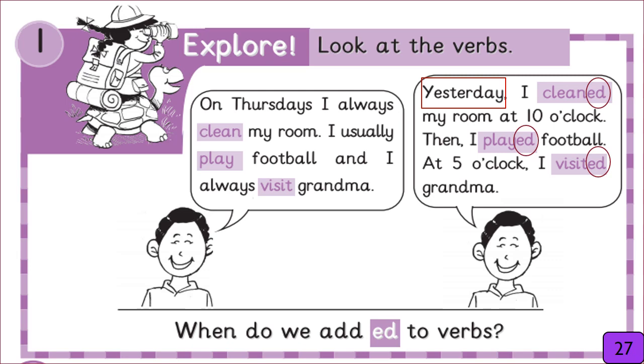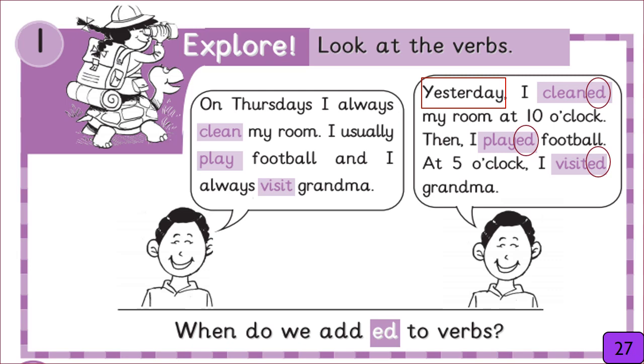I usually play football and I always visit grandma. في المضارع البسيط دايما بنحط الفعل مع I في المصدر، لكن مع he و she و it بنحط عليه s أو es أو ies. لكن on the other hand بص على الناحية التانية. Yesterday I cleaned my room at 10 o'clock. Then I played football. At 5 o'clock I visited grandma.